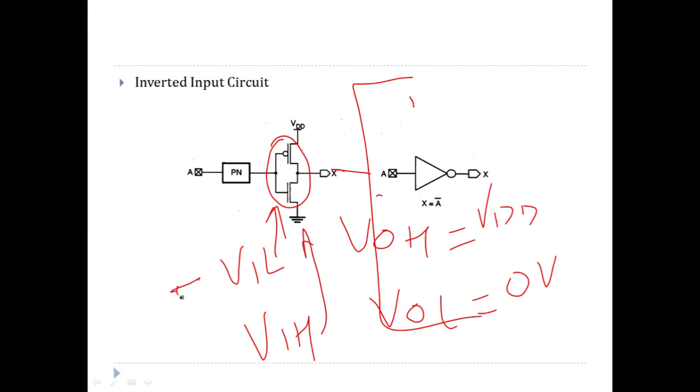So we have to make sure that the VIL of this circuit, if there is a TTL, should be less than the VOL of this TTL circuit.